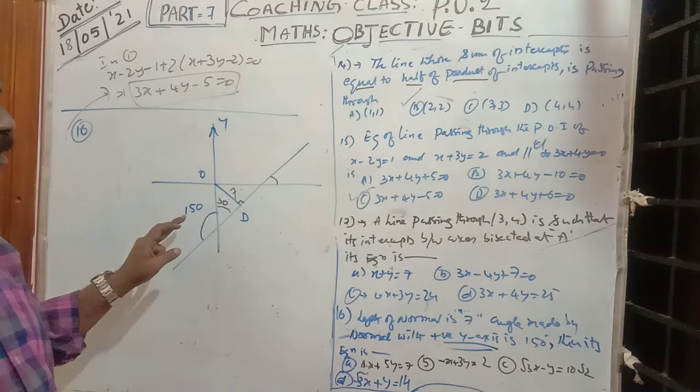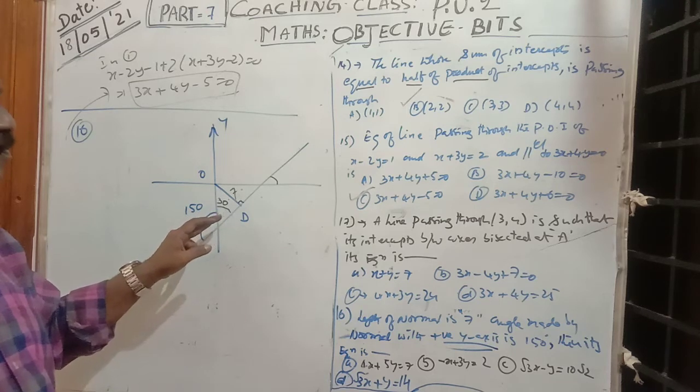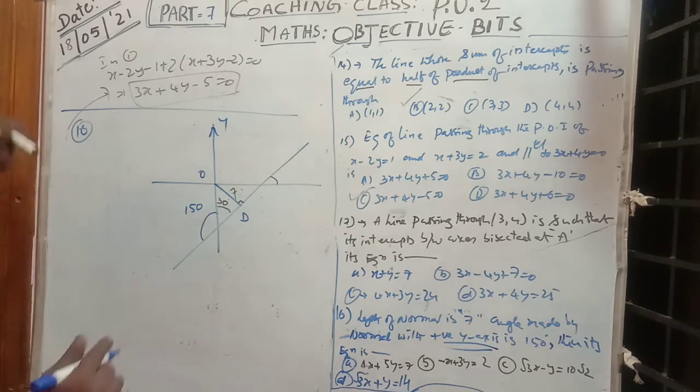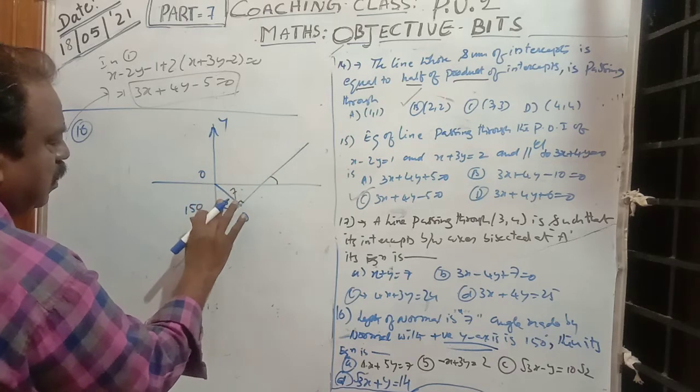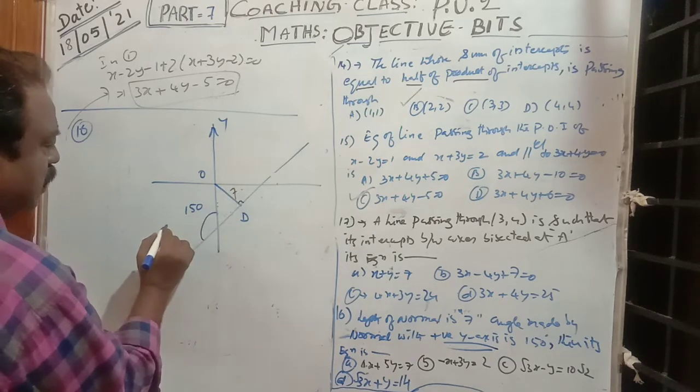Total is 180, 150 plus 30. If you have any doubt, I will tell it in a different way.